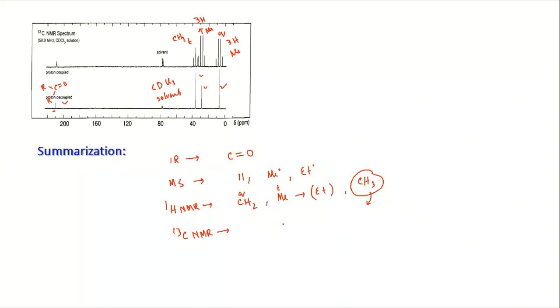13C NMR, proton decoupled, is telling you that you definitely have the keto. So you have R and R prime, and now you have to find out which one is R and which is R prime. If you go to the proton coupled spectrum, you clearly observe that you have methyl protons and you have ethyl. So one R is methyl, and the other R prime is ethyl.